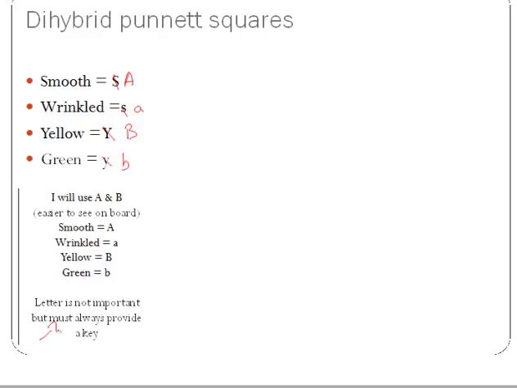So we want to do this cross, and we want to start with our P generation. We had smooth, true breeding, and yellow. So this is smooth and yellow. And we cross that with wrinkled, green seeds.